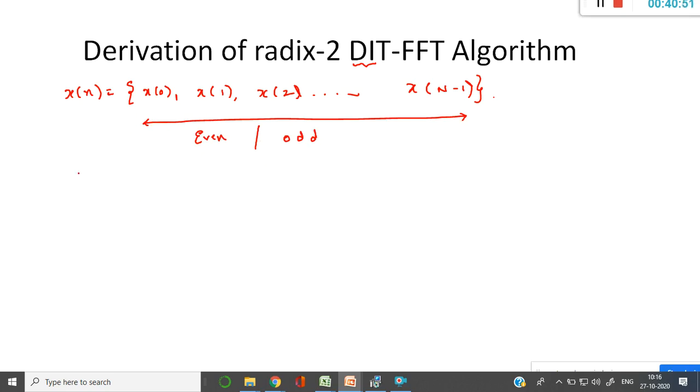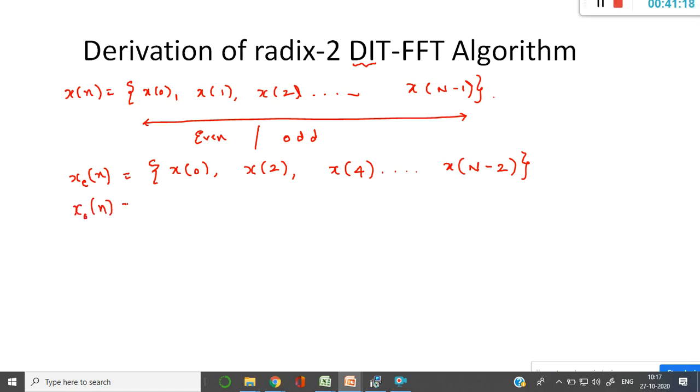That is, if I write this once again, I write it as x even of n, the even sequence, where the even sequence is x of 0, then the next even value is x of 2, then x of 4, and it continues. The last value is not x of n minus 1, it is x of n minus 2, because I am considering only even samples.